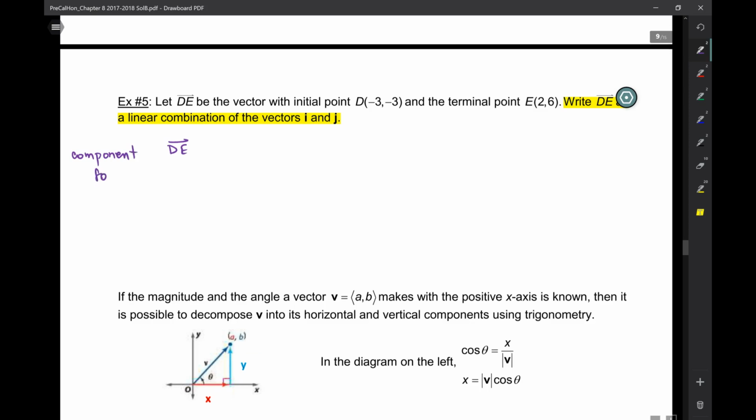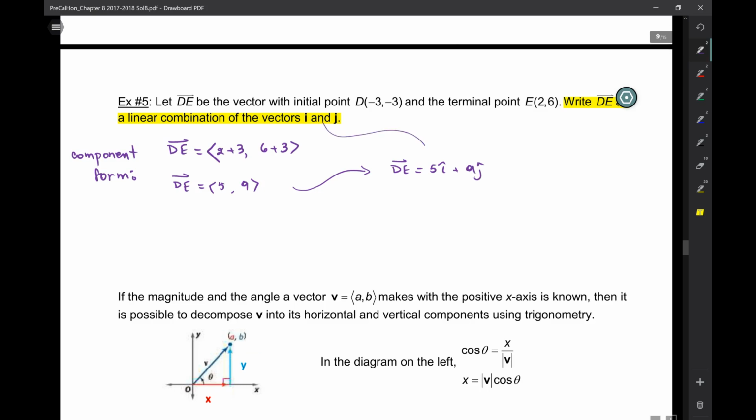What would that be? x2 minus x1, 2 plus 3. y2 minus y1. So the component form of DE is 5, 9. Is that right? That's the component form. Now, you could also write that as a combination of I's and J's. So that could also be written as 5I plus 9J.